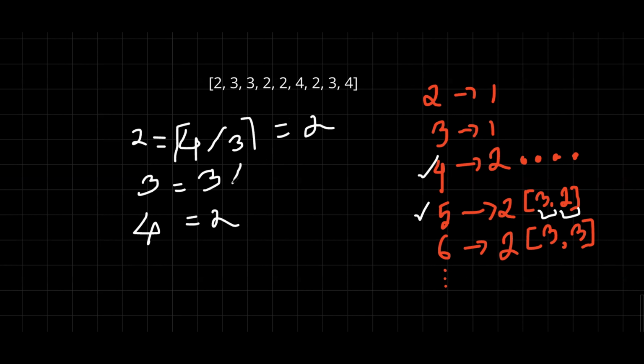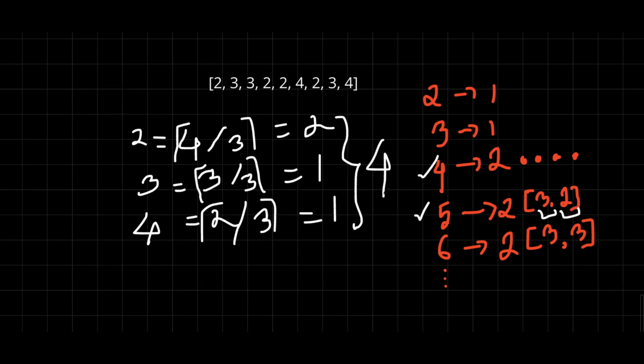If we divide 3 by 3 and perform the scaling operation, it will be 1. And if we divide 2 by 3 and perform the scaling operation, it will be 1. So in total, there are 4 operations to make this input array empty. I hope you understood the algorithm. Now let's move on to the code.